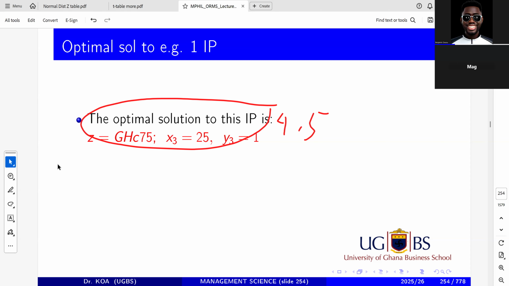Yeah, because y3 is equal to 1, which means we rented the machine and we got the production of the x3 value. Amanda. Yeah, because we rented the machine for shorts and we're able to produce the maximum of 25 short pants. The maximum benefit.